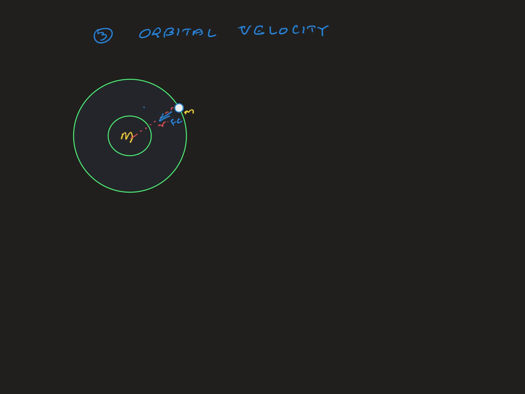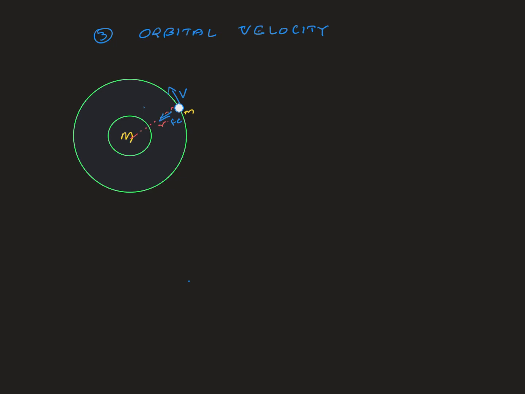That centripetal force is provided by the gravitational force which we found out before, which is equal to G times Mm over r squared. So we're going to equate that centripetal force to Newton's gravitational force and find the orbital velocity of this little m. Let's say this orbital velocity is v.